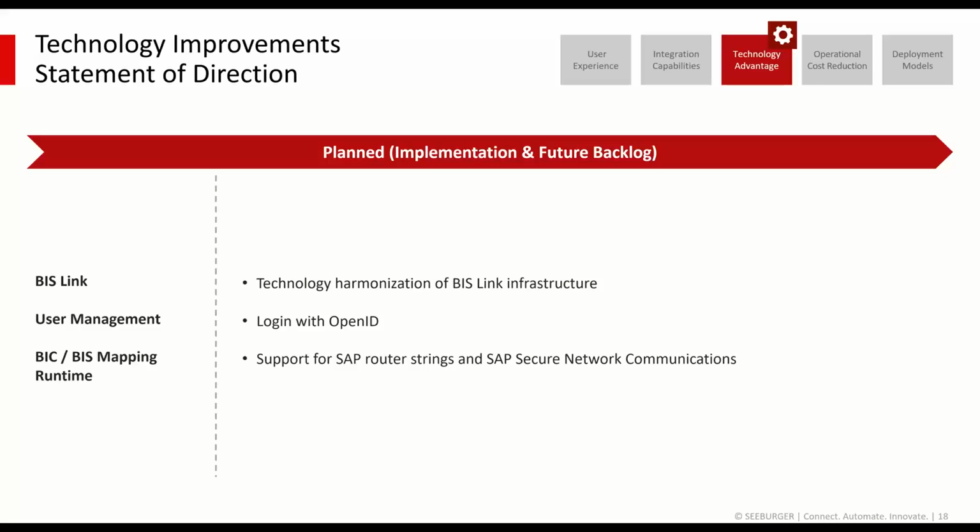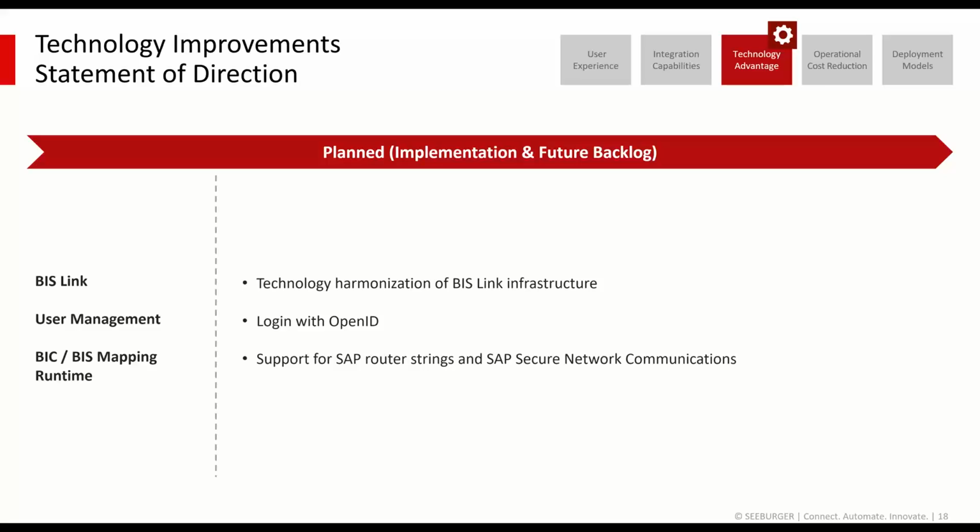What else have we planned here? We are working on harmonizing the BIS-Link infrastructure together with the file transfer server, so an overhaul of the BIS-Link and its deployment and rollout approaches.